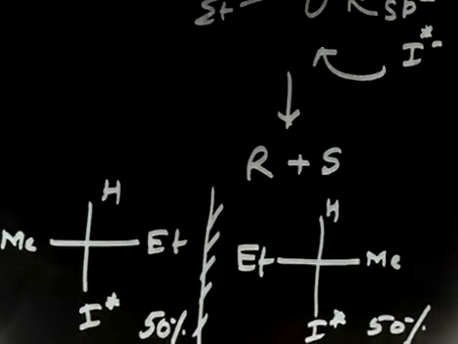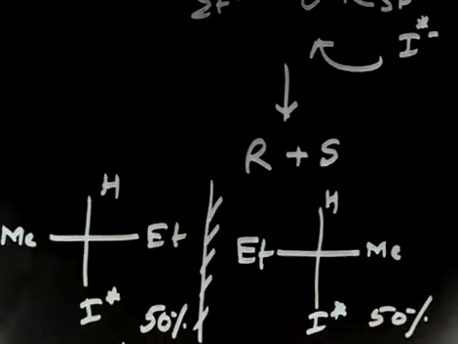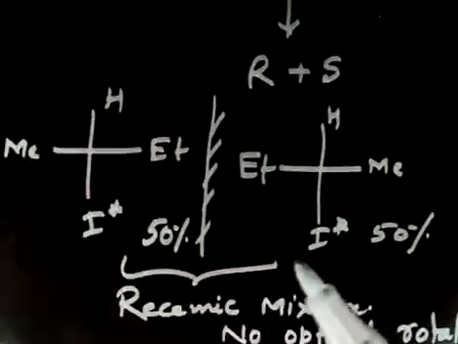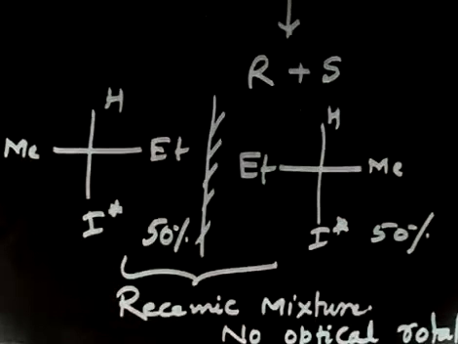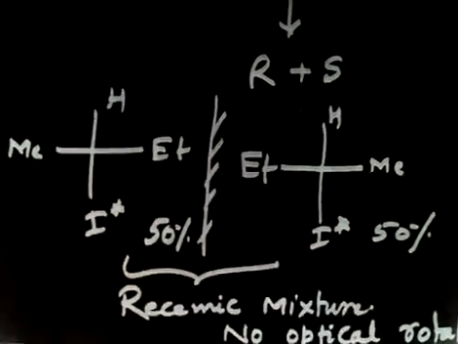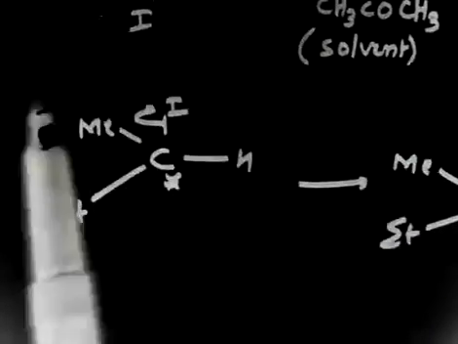Basically, the kinetics of this reaction can also be studied. What is the rate of loss of optical rotation and what is the rate by which this compound is lost? There is a relationship between the rate of loss of optical rotation and the rate of loss of this compound.